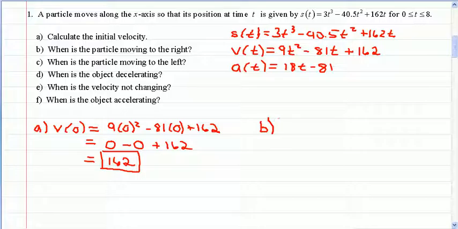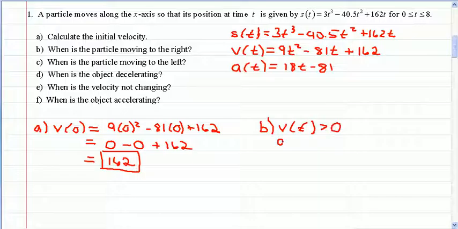For part B, when is the particle moving to the right? The particle is moving to the right when the velocity is positive. So I take the velocity and set it greater than 0.